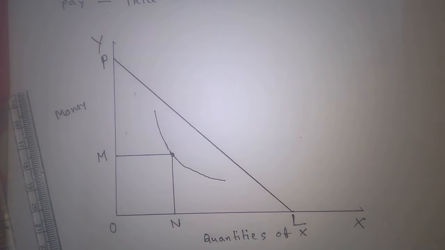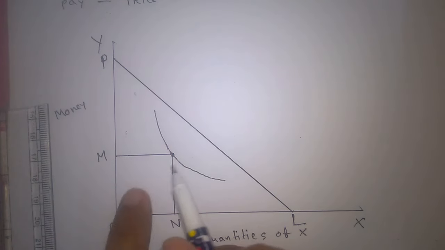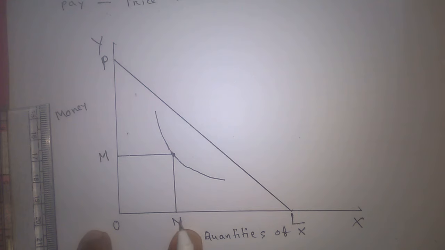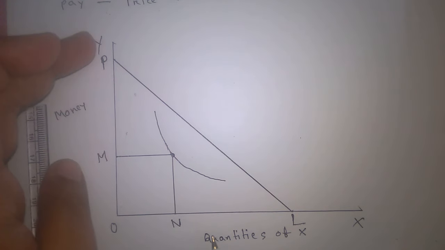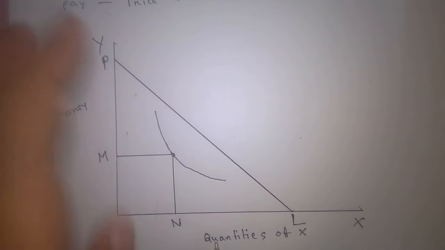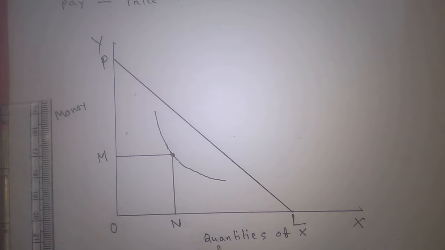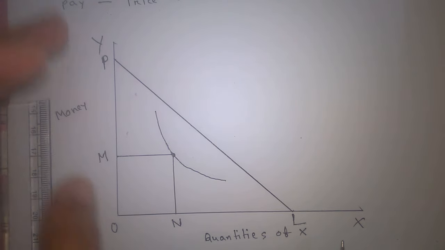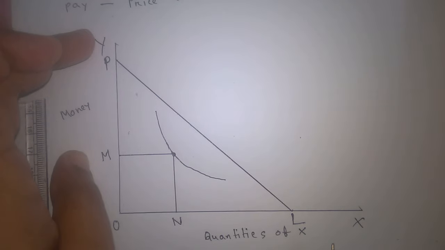Now you are going to purchase ON quantities of product X, and this will cost PM amount of money. Again, I'm saying that you are planning to purchase ON units of product X, which will cost you PM amount of money.